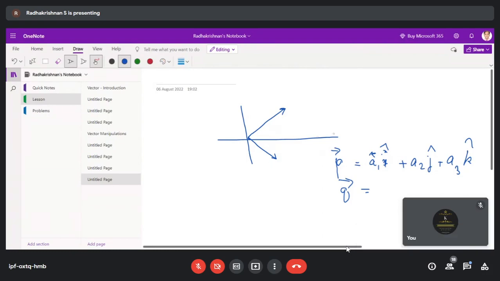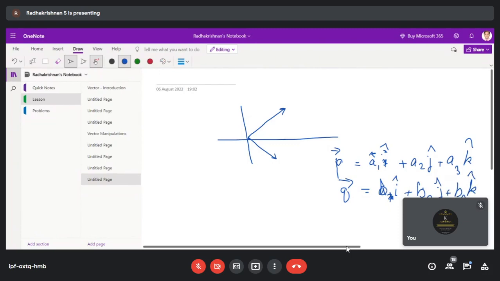And so let us say q cap is b1 i cap plus b2 j cap. So two vectors are given in terms of position vectors in this form.